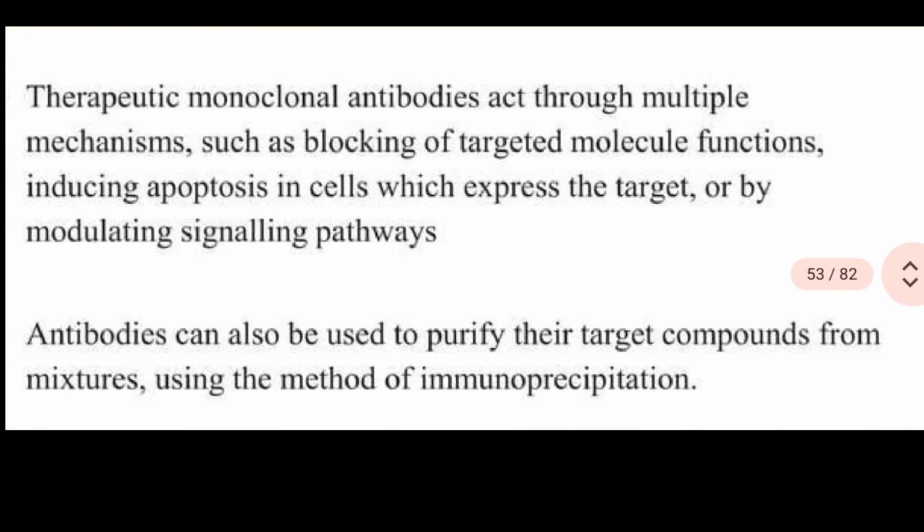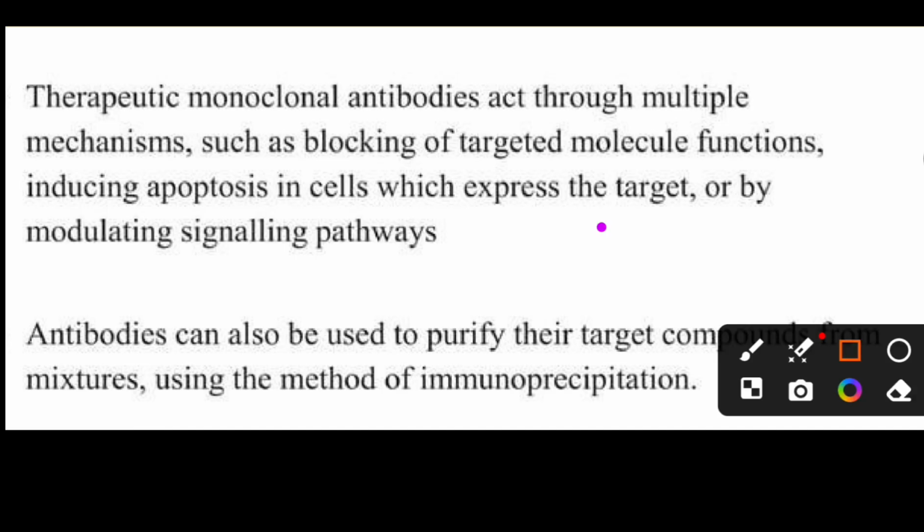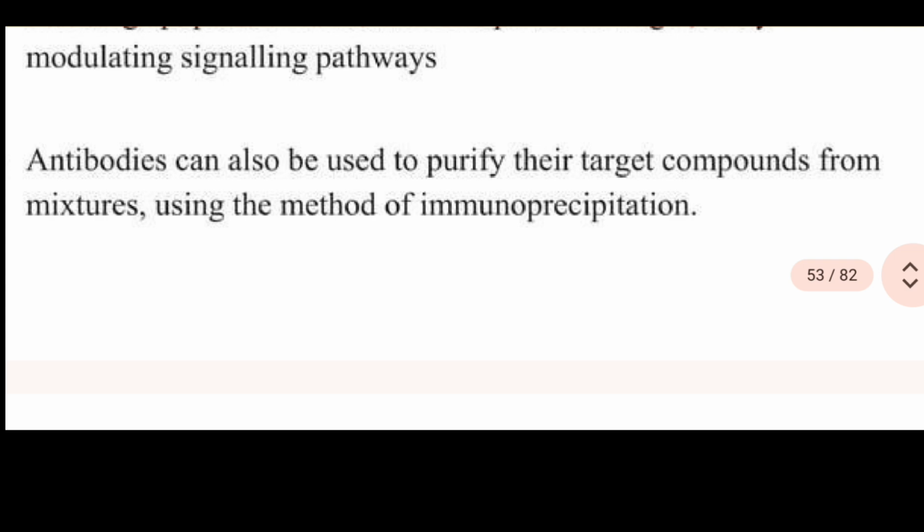Therapeutic monoclonal antibodies act through multiple mechanisms, such as blocking of target molecule functions, inducing apoptosis in the cell which expresses the target, or modulating signaling pathways. Antibodies can also be used to purify their target compounds from mixtures using the method of immunoprecipitation.